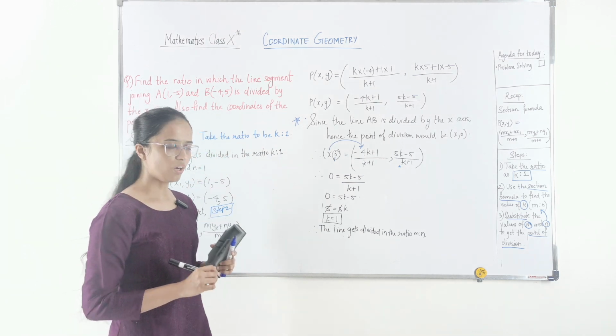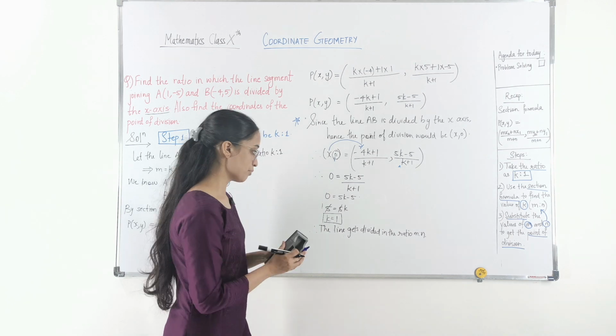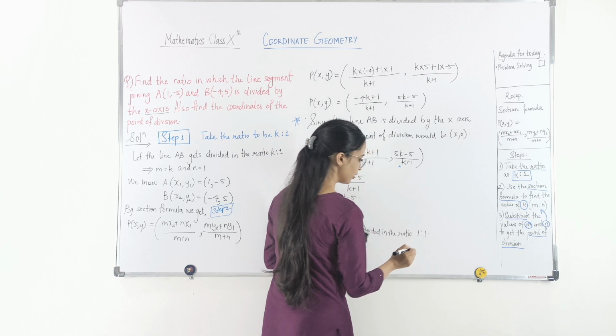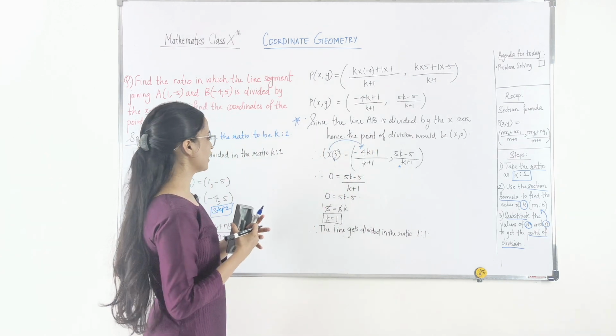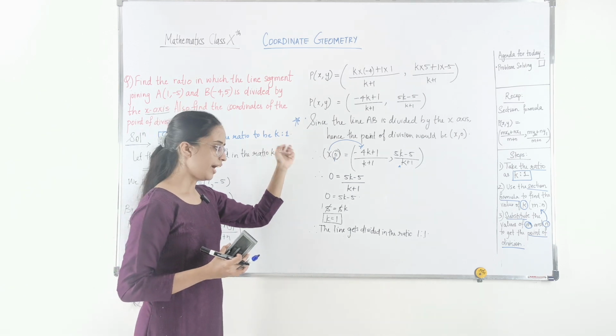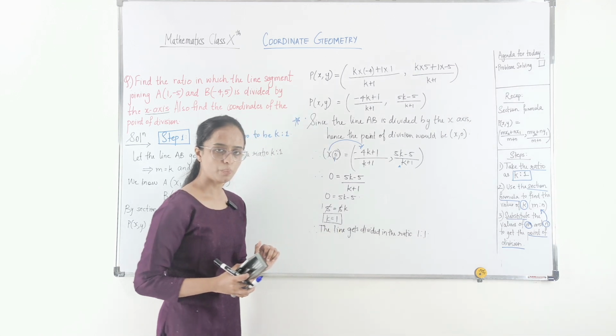With this, we got the value for the ratio m is to n, which is, I'm so sorry, it is divided in the ratio 1 is to 1. Now, why did I write 1 is to 1? Because we already know that here we have 1, so there is nothing to find. We are supposed to find the value of k, and we got the value of k as 1. So, the line gets divided in the ratio 1 is to 1.